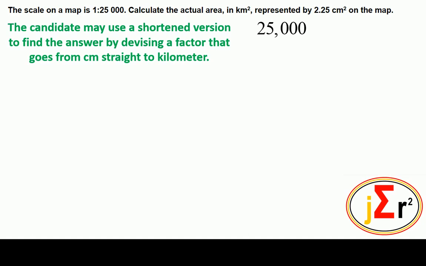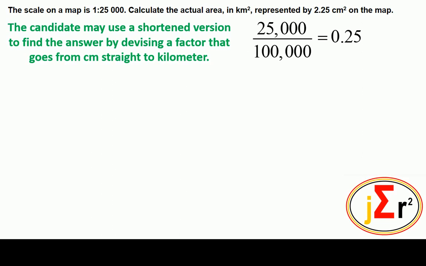And if we are going to go to square kilometer, we'll have to convert to kilometer, and that we will do by dividing by 100,000, because that is the scale that links centimeter to kilometer. 100,000 centimeter will be equal to 1 kilometer. Now the scale that we receive, or the new factor that we have, is 0.25. That 0.25 will multiply any figure given on the map and will convert it to kilometer immediately.